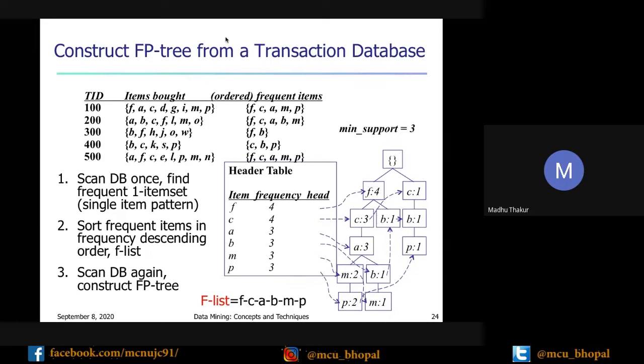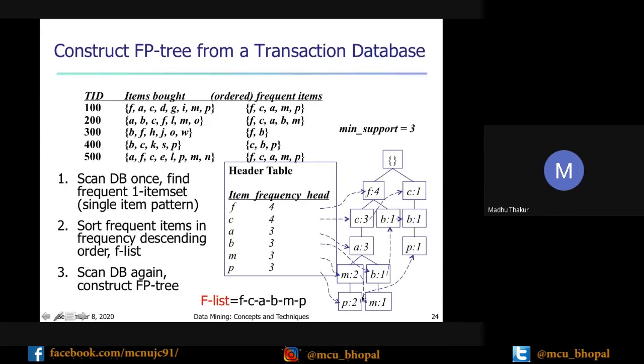In the first scan, it generates all frequent item sets, and you arrange them in sorted, decreasing order. That is the list arrangement. In the second scan, you draw this structure, called the tree structure. Now your whole database is compressed in the form of this tree structure.